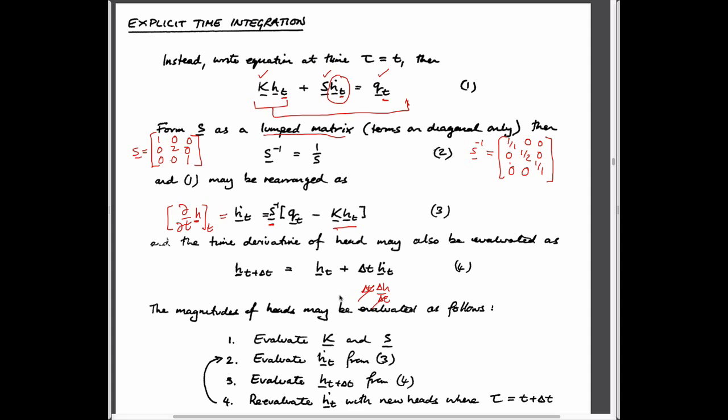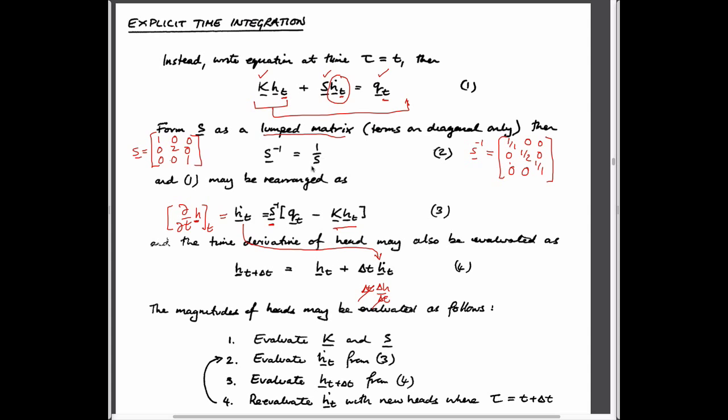And so if we know the rate of change of head over a time step, and we can take a time step, then we can calculate the new head. Basically, what we're going to do is define this expression and substitute this into here.